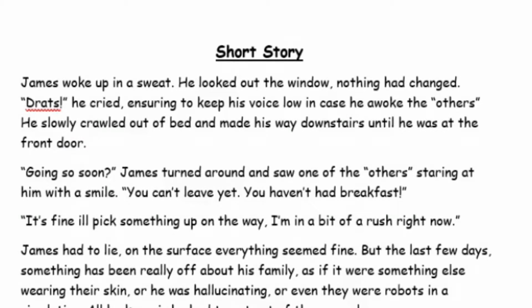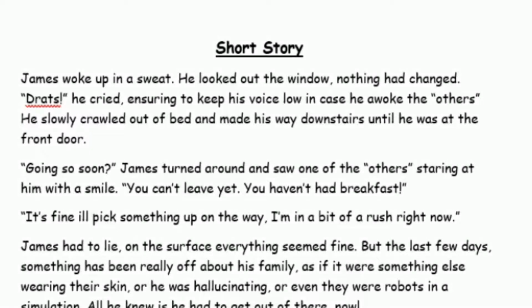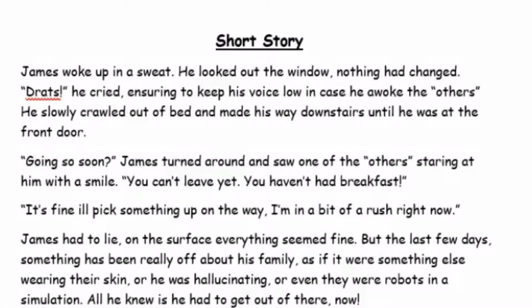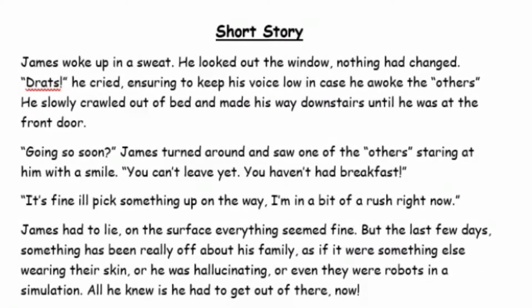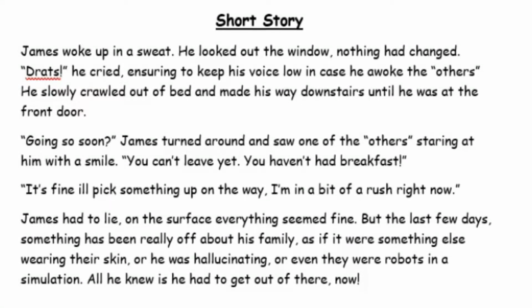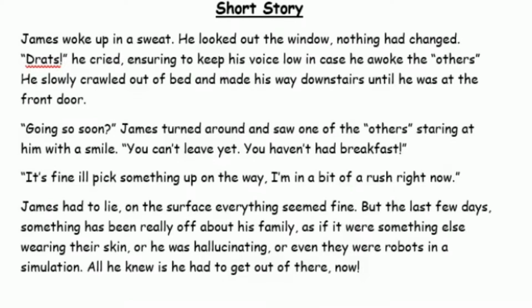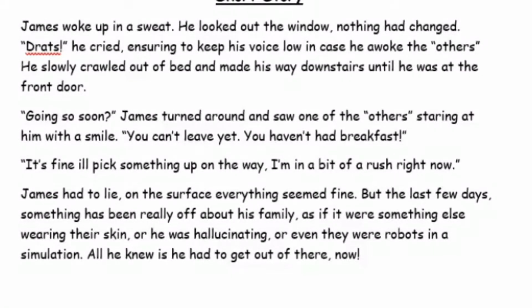James woke up in a sweat. He looked out the window. Nothing had changed. "Drats!" he cried, ensuring to keep his voice low in case he awoke the others. He slowly crawled out of bed and made his way downstairs until he was at the front door. "Going so soon?" James turned around and saw one of the others staring at him with a smile. "You can't leave yet. You haven't had breakfast."